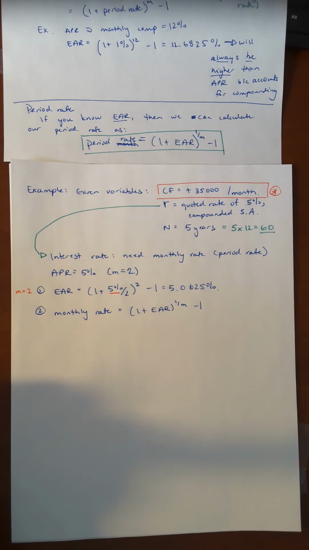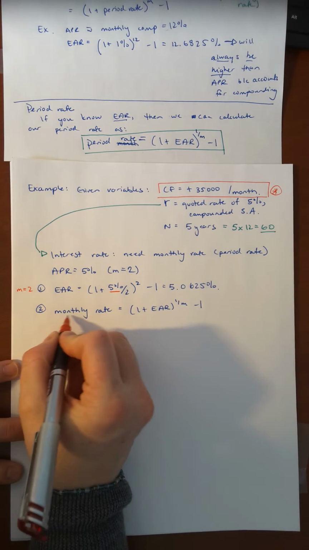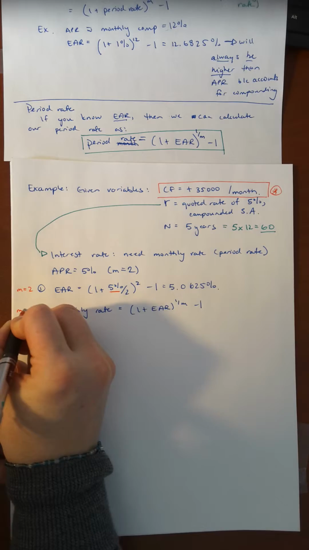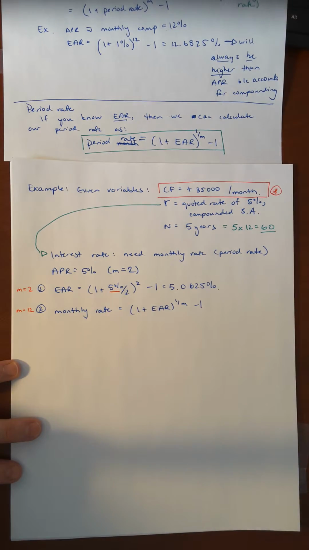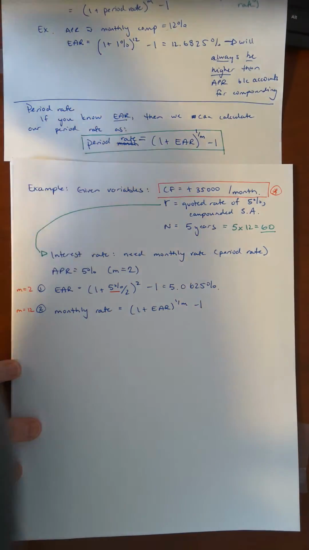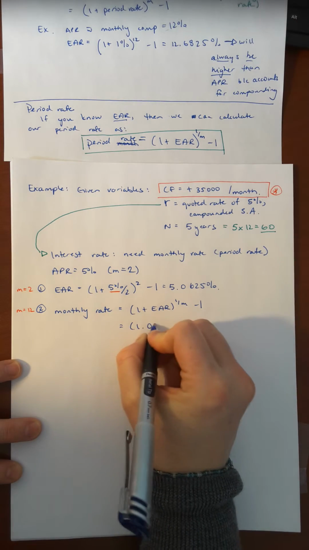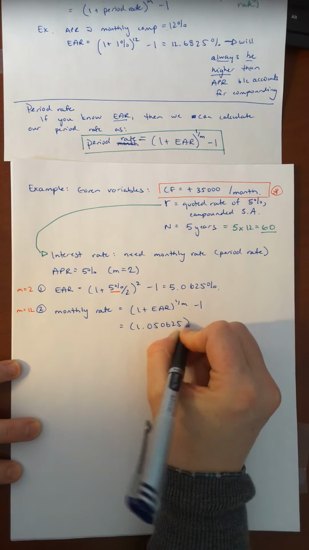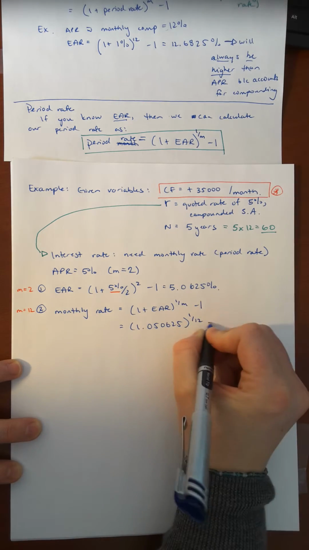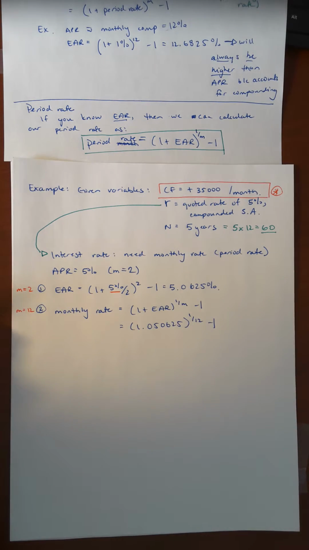In this step, we're looking for a monthly rate, so now M is going to be 12. So let's substitute in our numbers: 1.050625 to the power 1 over 12, minus 1.